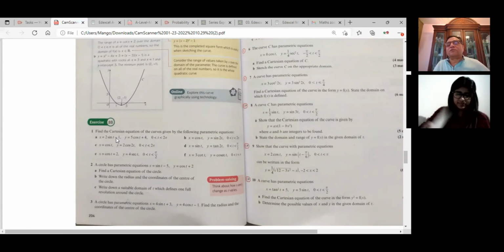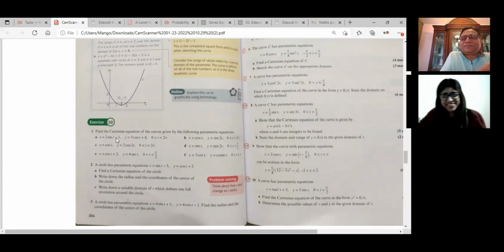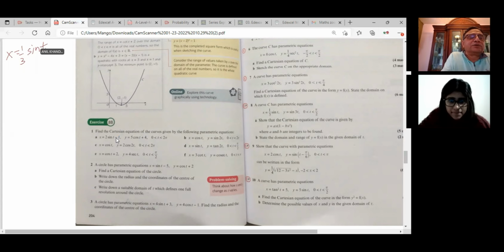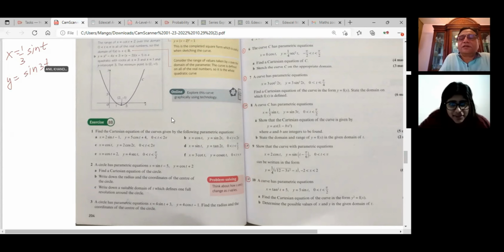Correct. But do you know the formula of sine 3t? So 2t plus t. Write down the question: x is equal to 1 over 3 sine t, and y is equal to sine 3t. No, it's given in question 8.